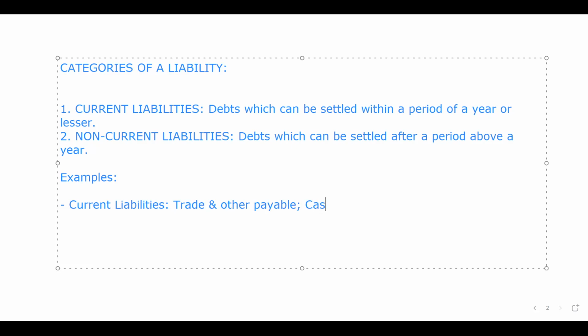You can also have cash and cash equivalents here, if we are on overdraft. So cash and cash equivalents, and in brackets, I'm going to put overdraft so that you understand what qualifies. This is normally if the company is on overdraft; then the cash and cash equivalent will be classified as a current liability.